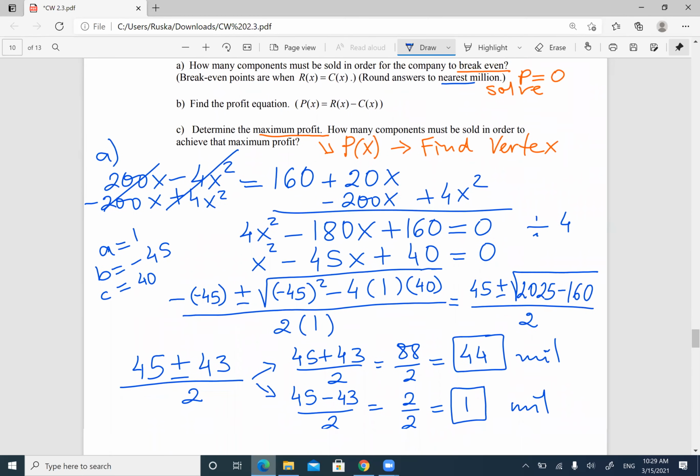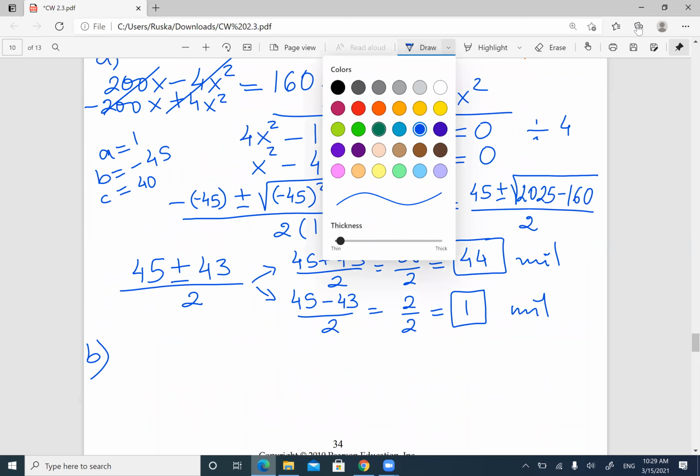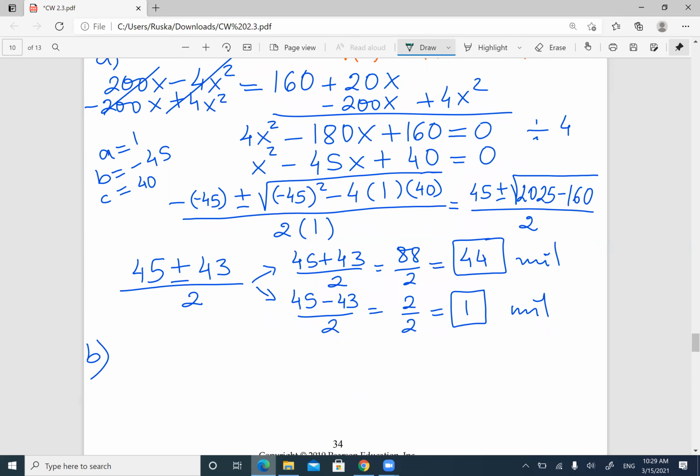Then for B, you have to find the profit function. So profit function is revenue minus cost, right? I'm going to use a different color here. So profit is revenue minus cost.